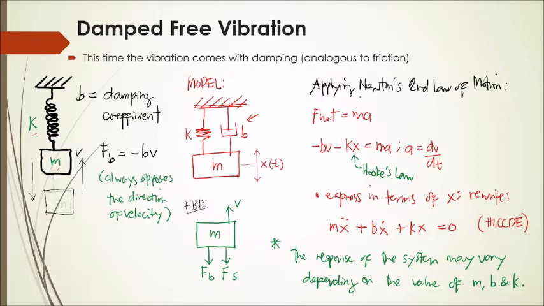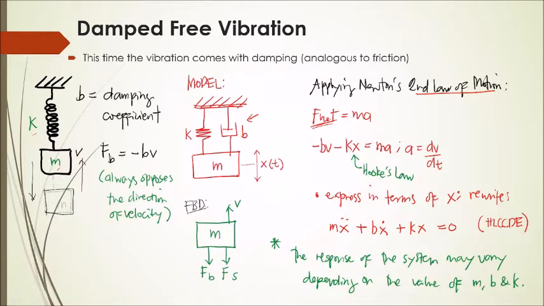Okay, so applying Newton's second law of motion, where the net force acting on a body is equal to mass times acceleration. So the net force here, duha na kabuok, we have the same principle, which is the damping force is negative or always opposes the direction of the velocity.